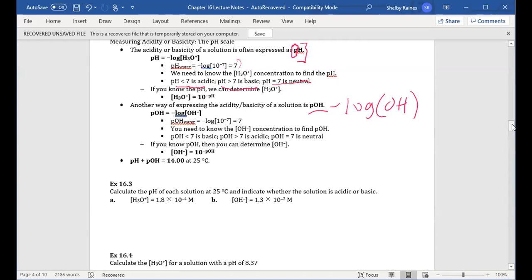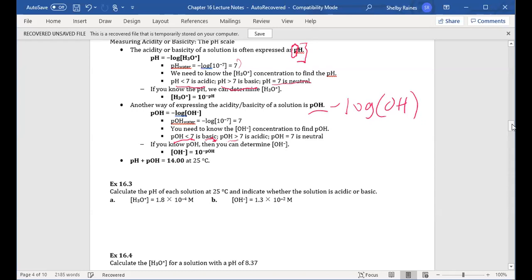We could also do the same thing with pOH, but we generally don't report these in terms of, oh yeah, it's acidic because of its pOH. We don't use that a whole lot when we're talking about this stuff, but you will use it in problems. So for pOH, if your pOH is less than 7, it is basic.